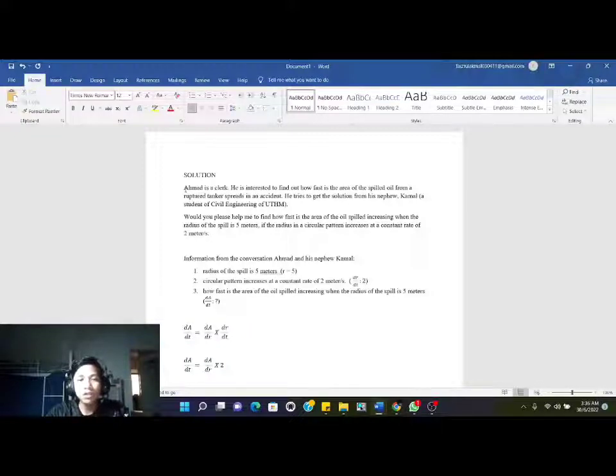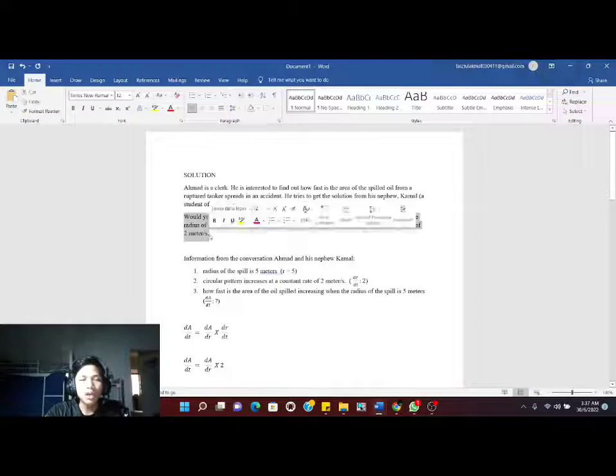He tries to get a solution from his nephew Kamal, a student of civil engineering of UTHM. There is a long conversation between Ahmad and his nephew, but what we want to highlight here is the goal point, the important statement in the conversation.